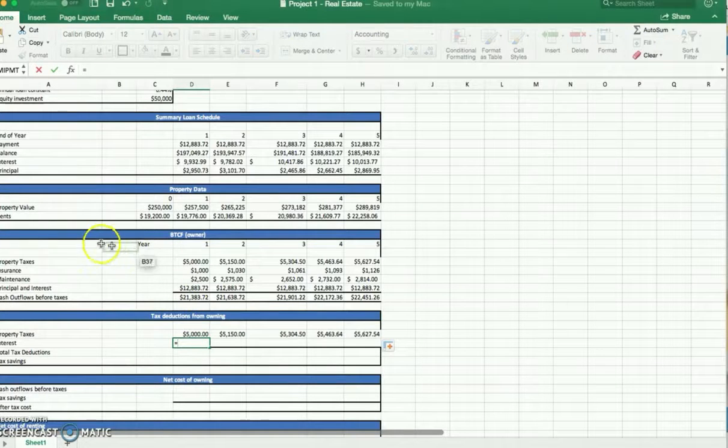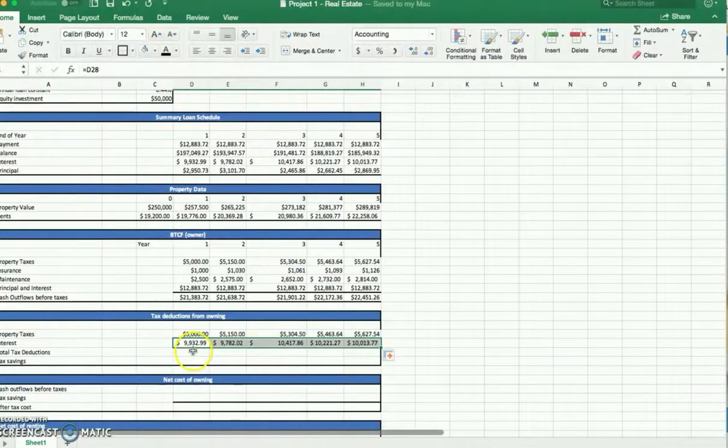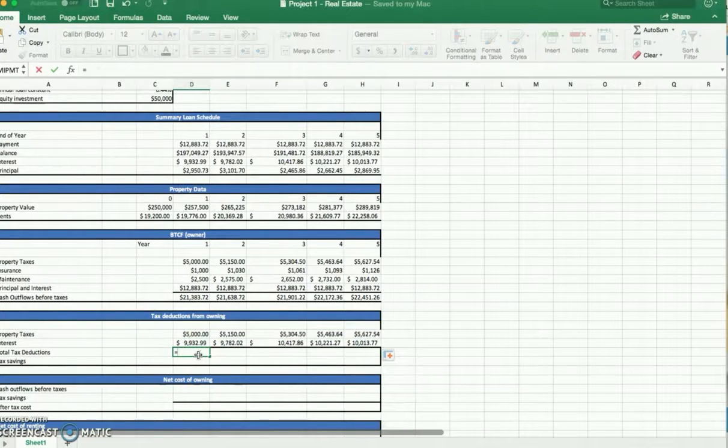Same thing for the interest. And then the total tax deductions is just going to be the sum of those two values.